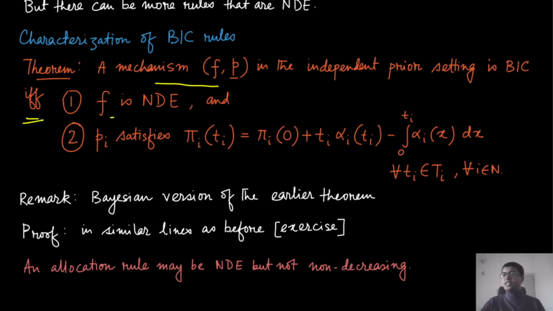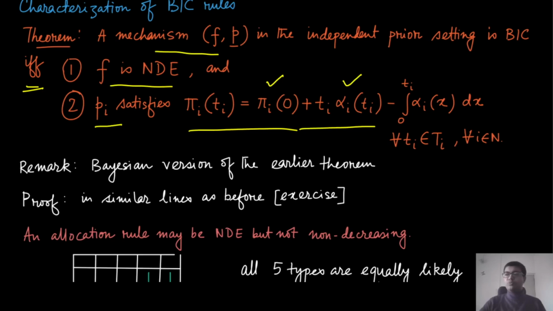The first condition is that f is non-decreasing in expectation, and the payment formula follows a very similar integral formula. Here also it is now replaced with pi_i(0), and the allocations are replaced by the alpha_i's, the expected allocation rules.